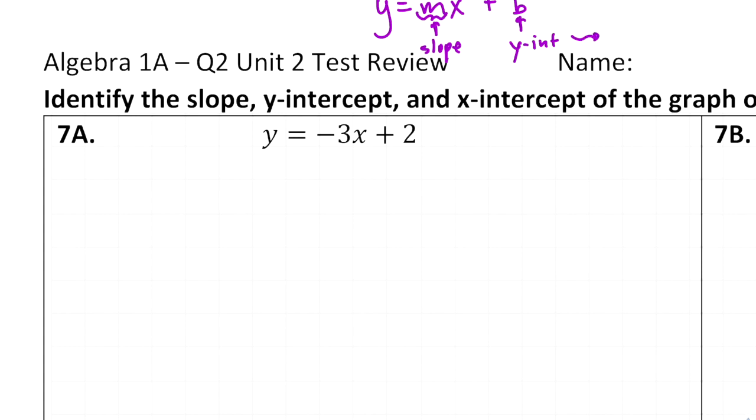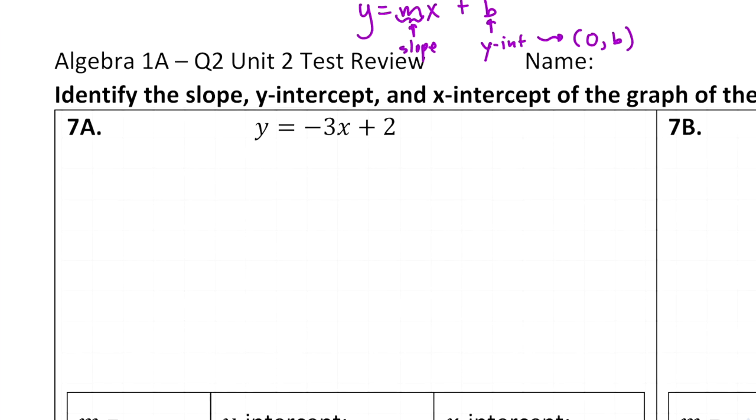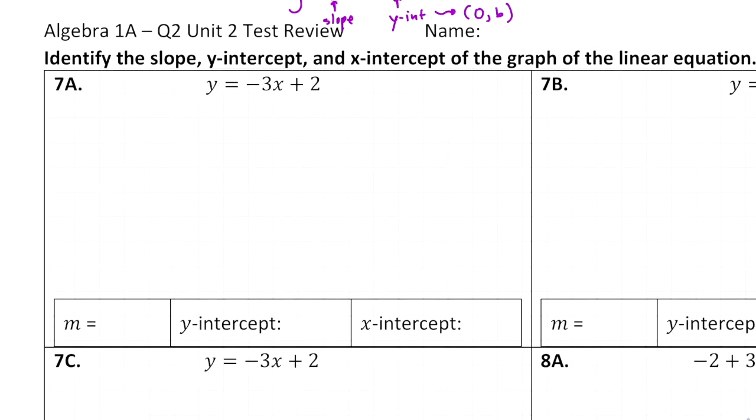So keep in mind that x would be equal to 0, and then whatever that number for b would be, that would be my y-intercept. So I can easily tell my slope is -3, and my y-intercept is 2. So if I write that as an ordered pair, that'll be 0, 2. Okay, so that's the easy part.